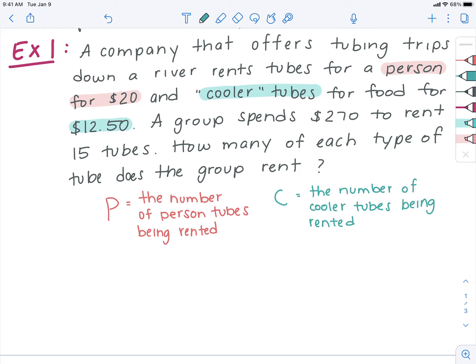So that means once I find P and once I find C, I'll actually have my answers to the question, because I'll know how many of each tube I rented.